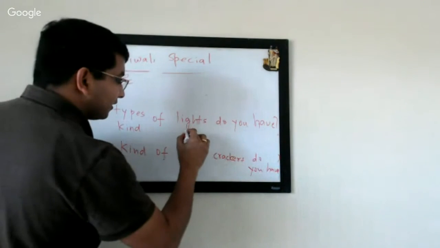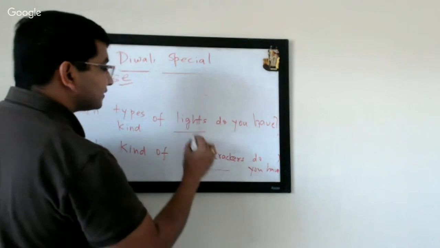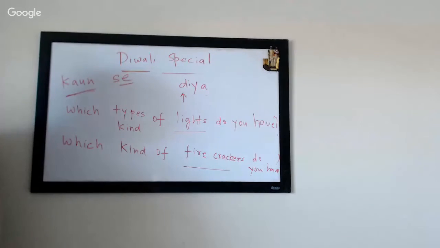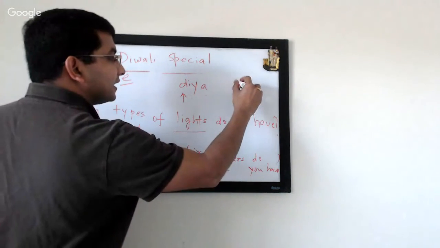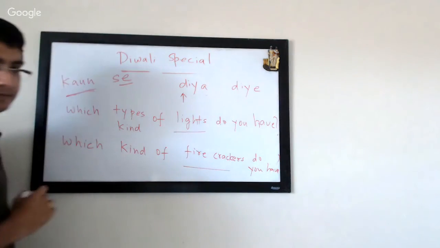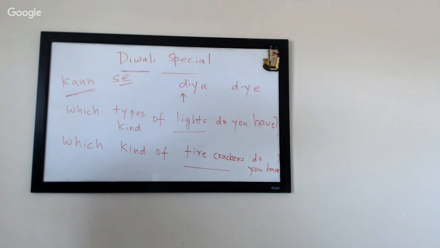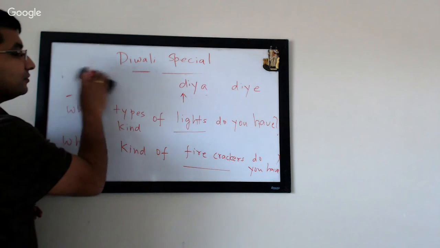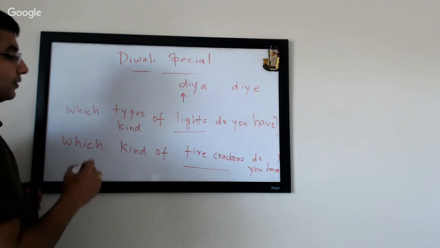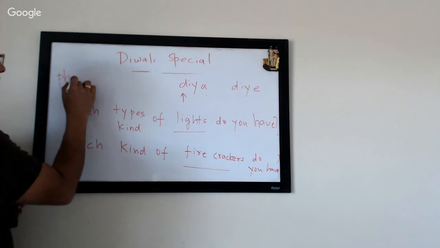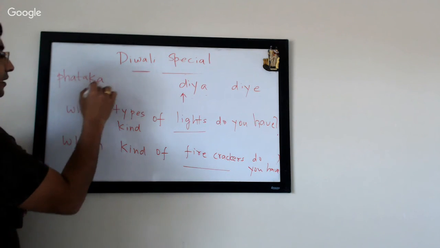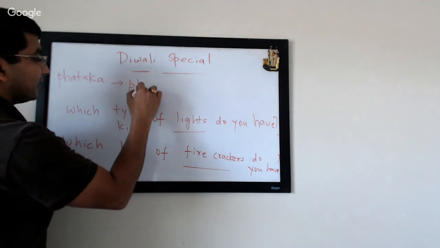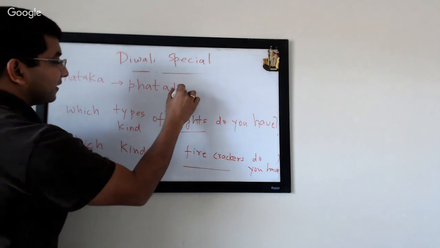So there are two things to learn here in terms of vocabulary: lights and the firecrackers. Lights, it's called दिया for singular, and for plural it would be दिये. And when it comes to firecrackers, you will say पटाका for singular, and for plural, I'm gonna erase it now, it'll be पटाके.